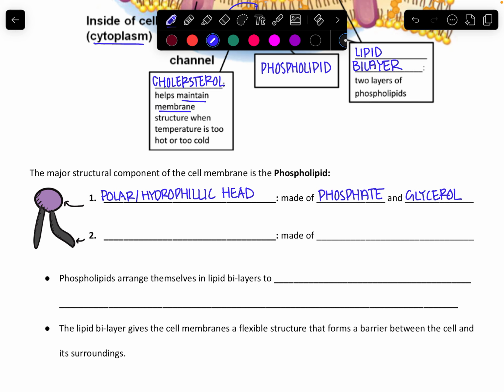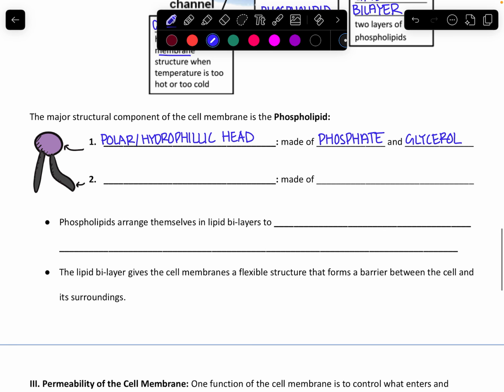Okay, and then the tails, we have two of them. We have two fatty acid hydrophobic nonpolar tails. So I'm going to say nonpolar or hydrophobic tails. Okay, these are composed of two fatty acids.